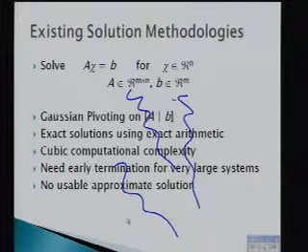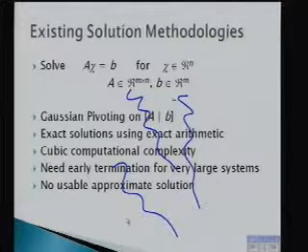There are several ways of going about this. Of course, the classical way is to use Gaussian pivoting on that augmented matrix. You can do that with a finite number of pivots in exact arithmetic, which you can't do on a normal computer.